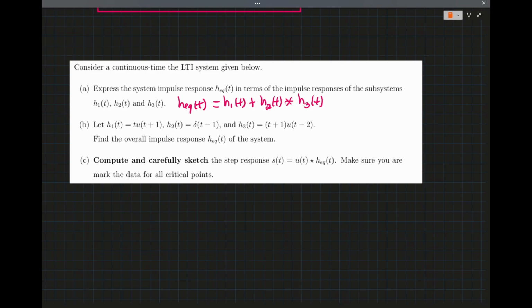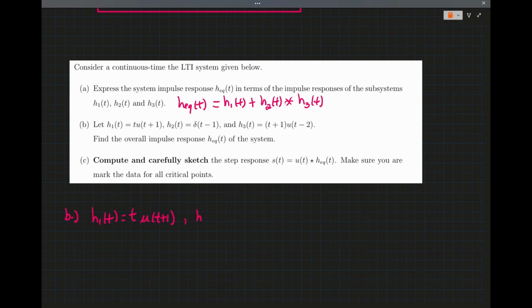Now, question B, we are told that h1 of t is t u of t plus 1. So it's a ramp function of slope 1 that is 0 before t equal to -1, and then becomes t from t equal to -1 and above.